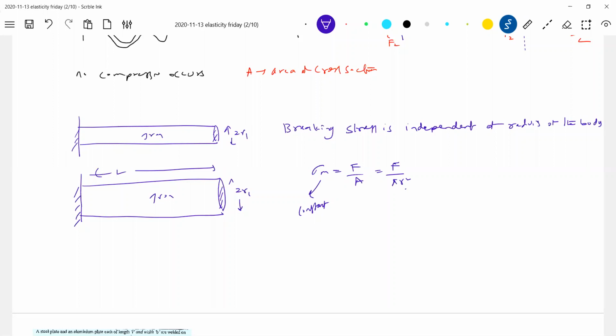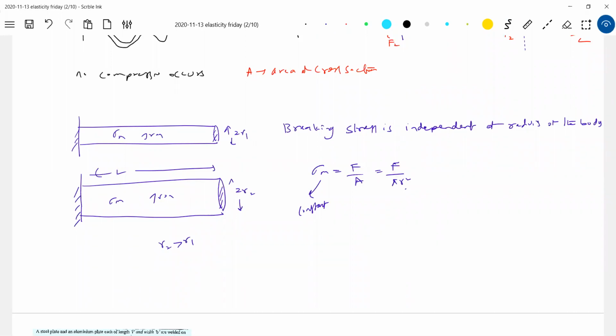So now there are two objects here. This is R2. Tell me, in which case should you apply more force to rupture the body? R2 greater than R1. Sigma m is the same for both. The force you apply on the first rod and on the second rod to rupture it: in which case will it be more? In the second case.